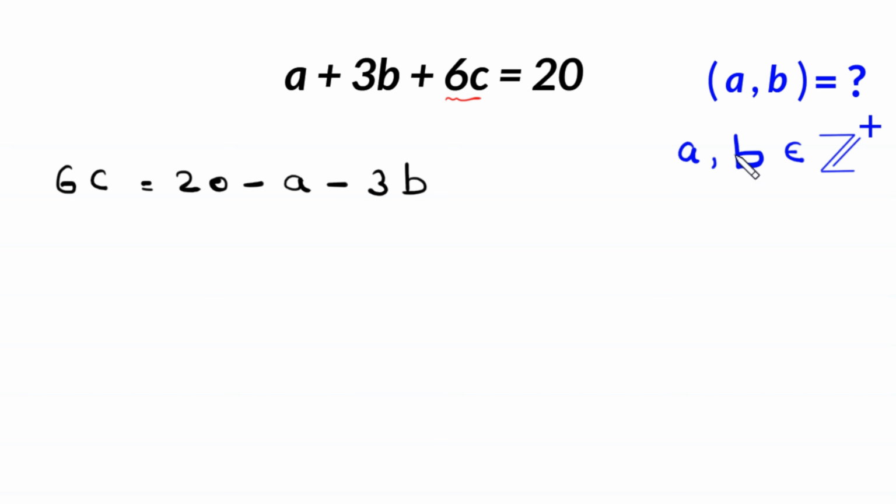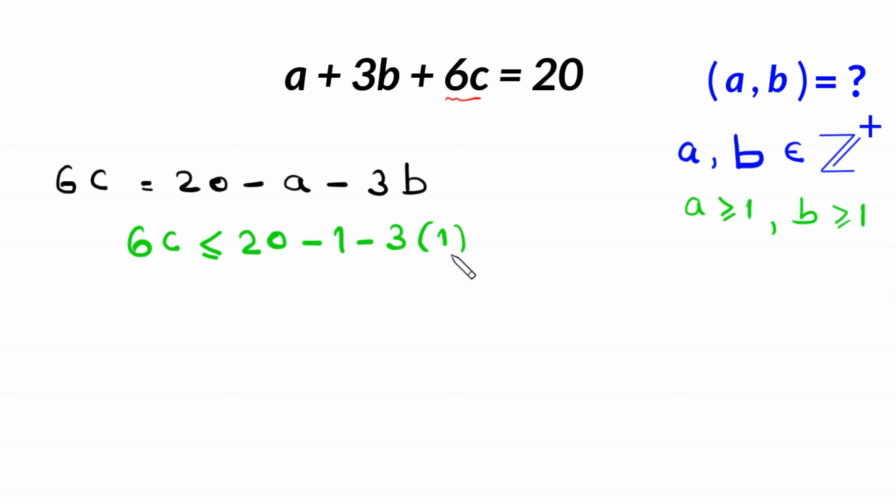Since a is a positive integer, a is greater than or equal to 1, so the minimum value of a is 1, and b is also a positive integer, so b is greater than or equal to 1. The minimum value of b is 1, so we can bound 6 times c as 6 times c is less than or equal to 20 minus 1 minus 3 times 1.